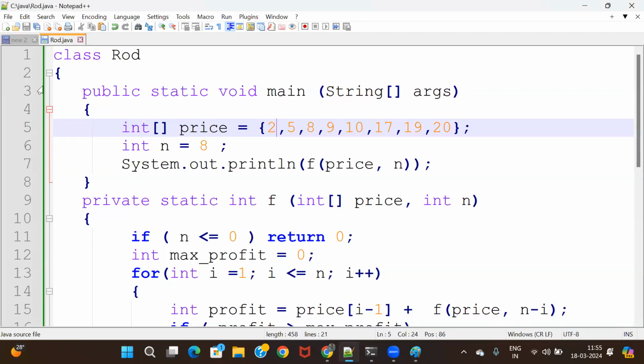I leave it to your guess. Maybe 2 pieces of length 3, 16. No. 4 pieces of length 2, 20. No. So what could be 22?